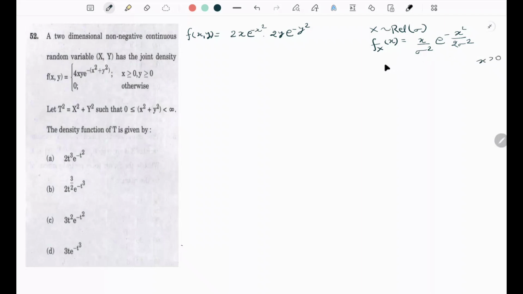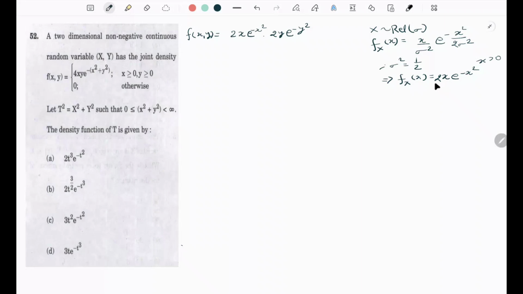So if we put σ² equals to 1/2, in that case the PDF of X becomes 2x e^(-x²).